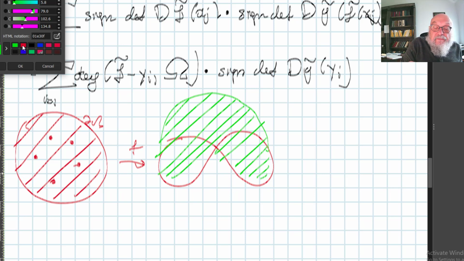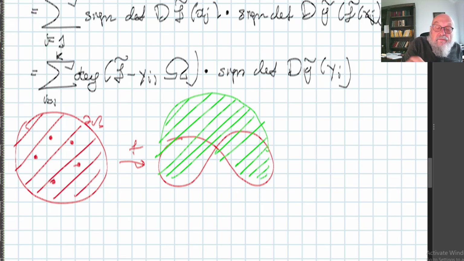Now, the point x1, for example, goes here to y1, and x2 goes here to y2. Then maybe x3 goes here to y3, and x4, who knows, maybe it also goes to y1, and x5 goes here.